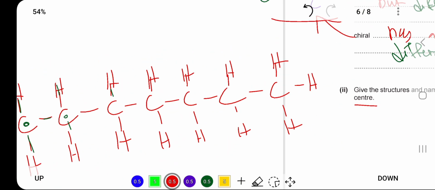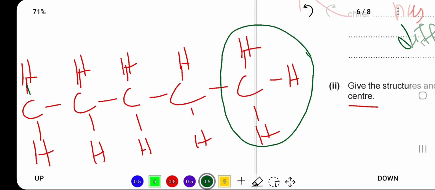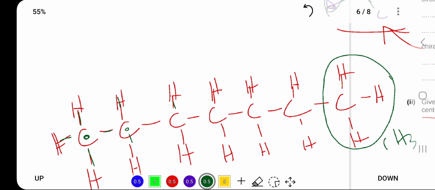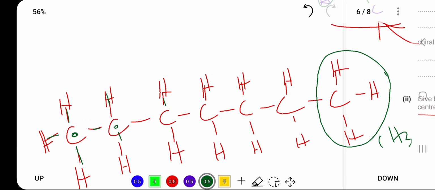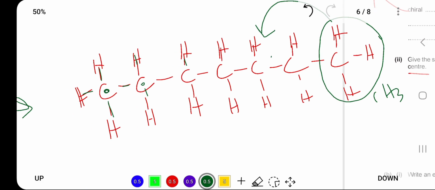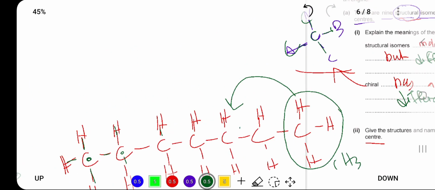But what if I change this carbon, this CH3, into somewhere where I can make it chiral? I want to move this, for example, here. Quick thing, why will it not work?